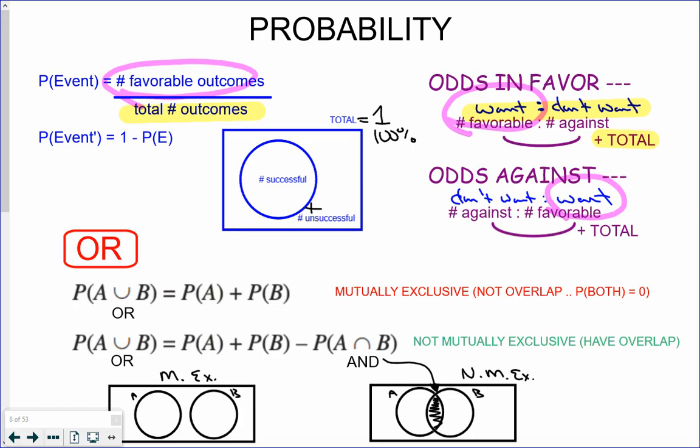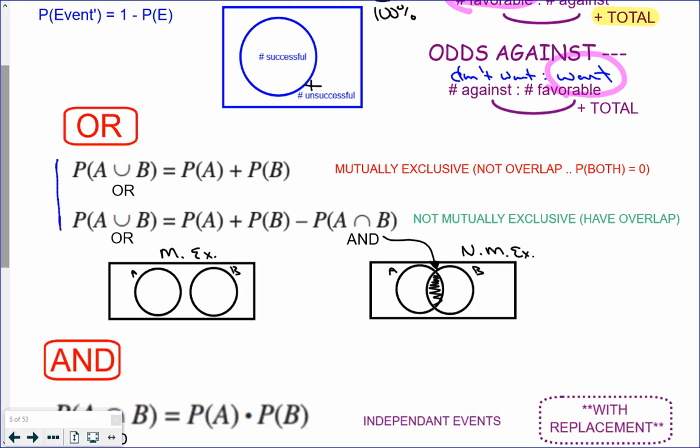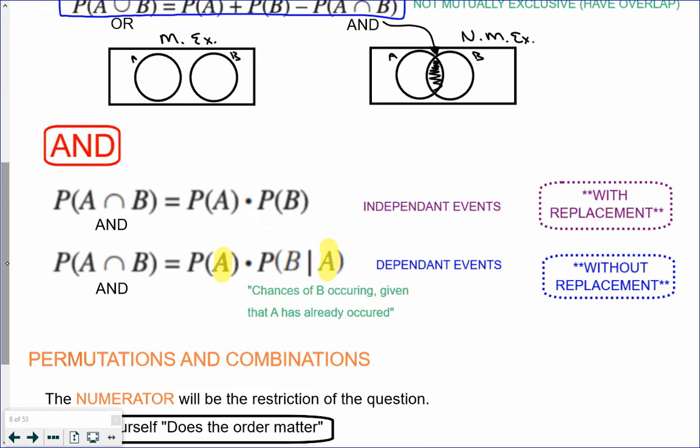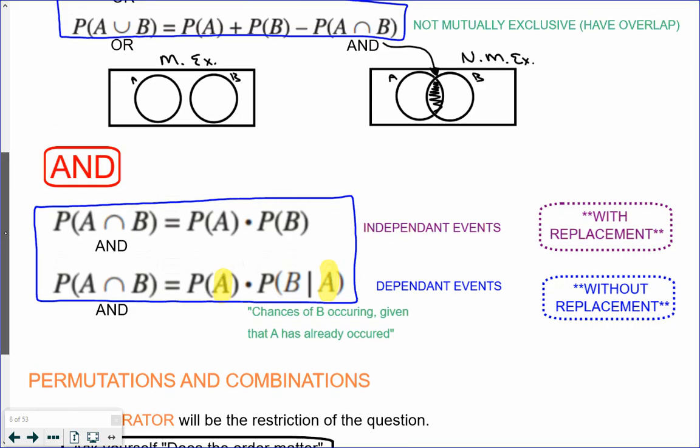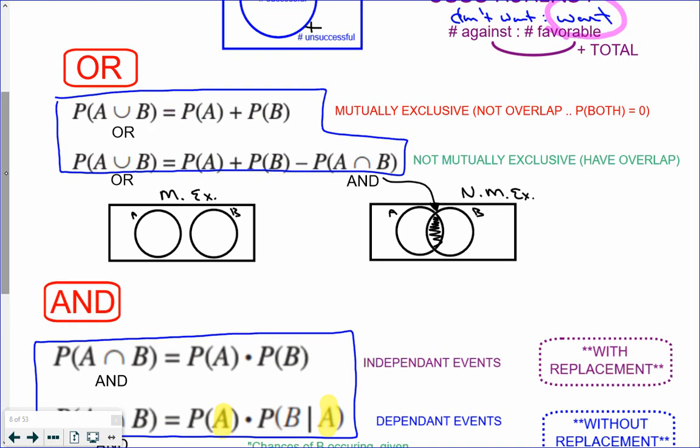Okay. Now on your formula sheet, you are given this formula and this formula. What you are not told is all the words that come with those formulas.